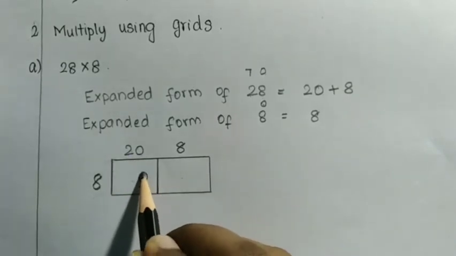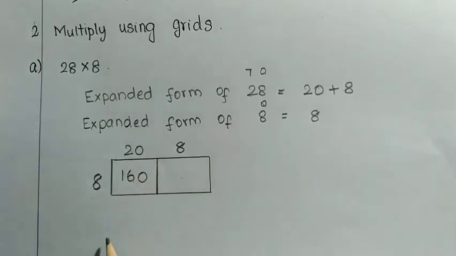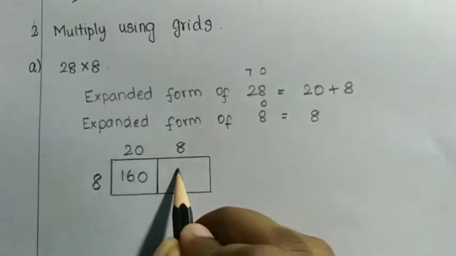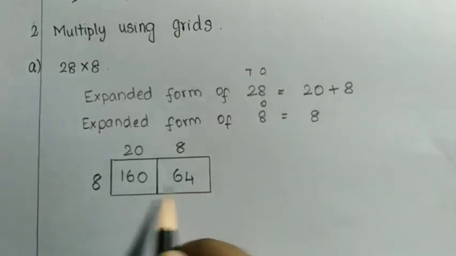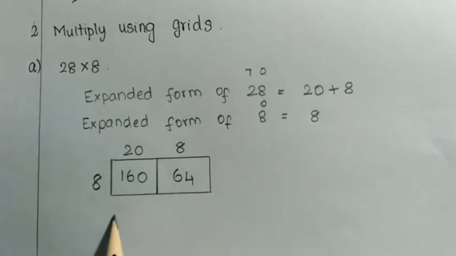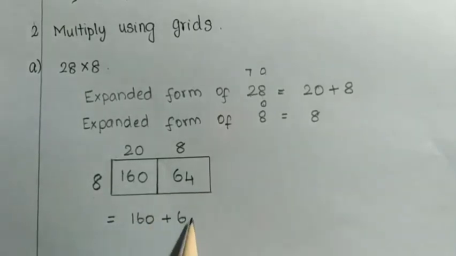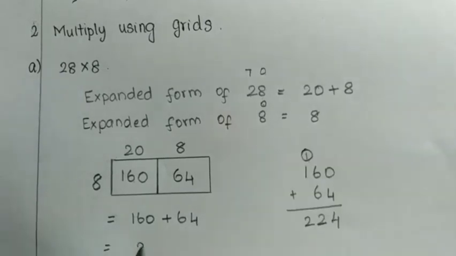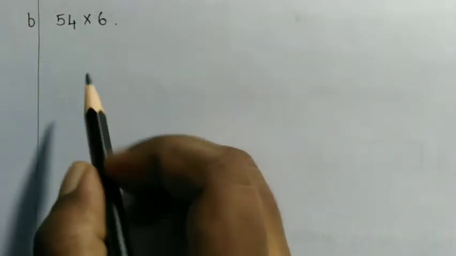Write the 0 as such. 8 2s are 16, 160. 8 8s are 64. Now whatever numbers are written inside the box, you have to add them. 160 plus 64, 224.